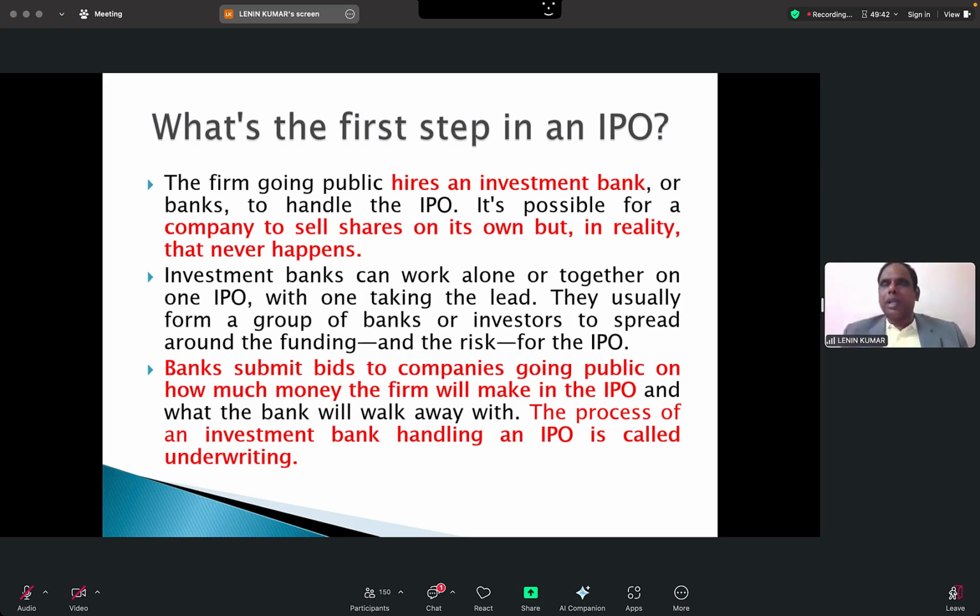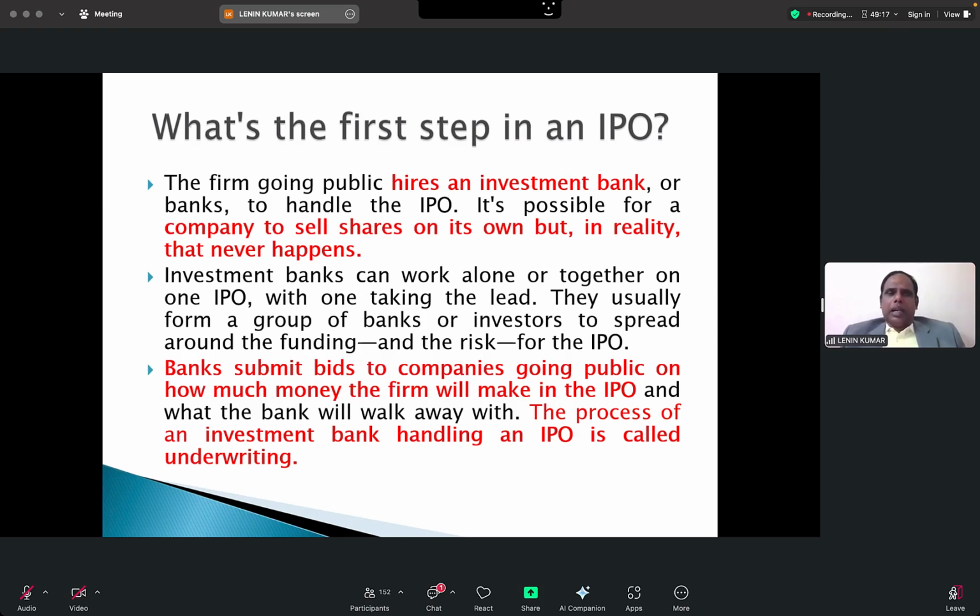Say for example, in the case of Lulu's IPO, we'll keep it as NBD. Emirates NBD is the investment bank. They usually form a group of banks or investors to spread around the funding and the risk. Some companies will have more than two or three banks also. That depends upon the company.